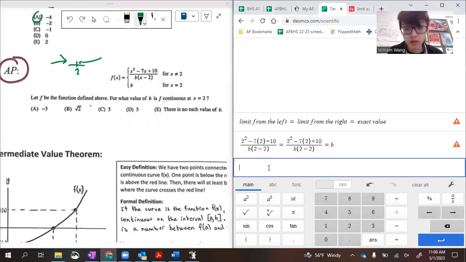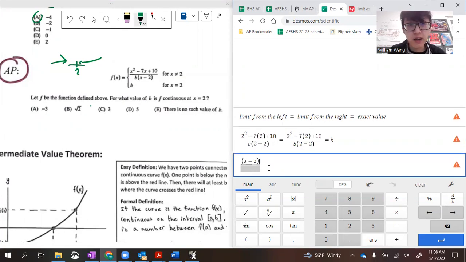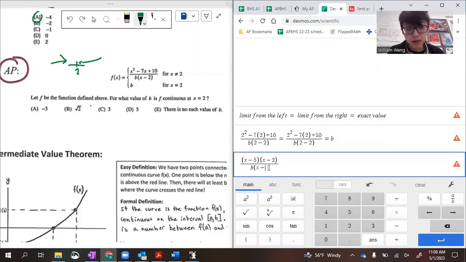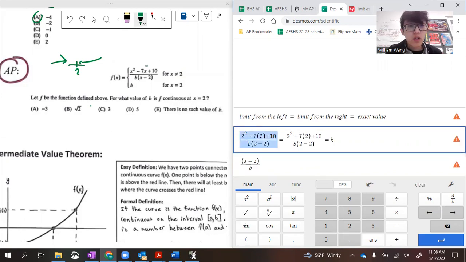Well, what I'm going to do is factor this. So the top, x squared minus 7x plus 10, this factors to x minus 5 times x minus 2. All right, the bottom is b times x minus 2. Well, what do I notice? My function can cancel out the x minus 2's, which means it's no longer going to be this.